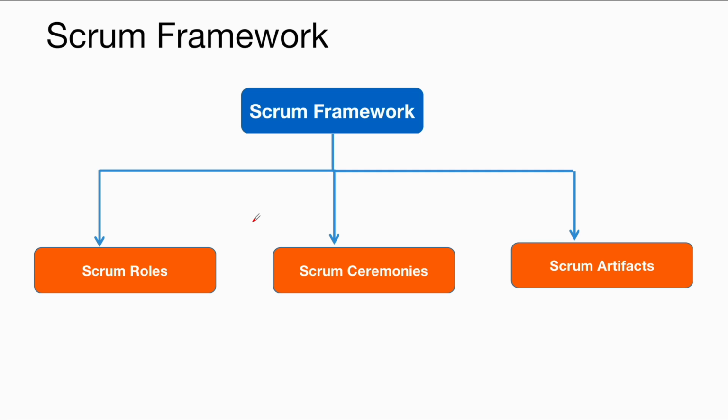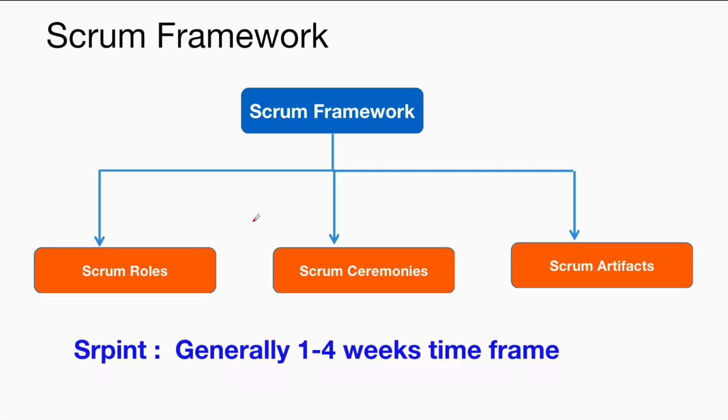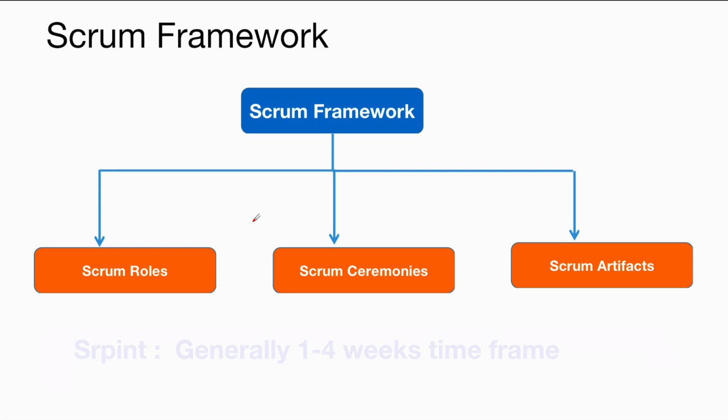It is used to break a big project into small manageable tasks that can be done in a short time frame of 1 to 2 weeks, which is called a sprint.